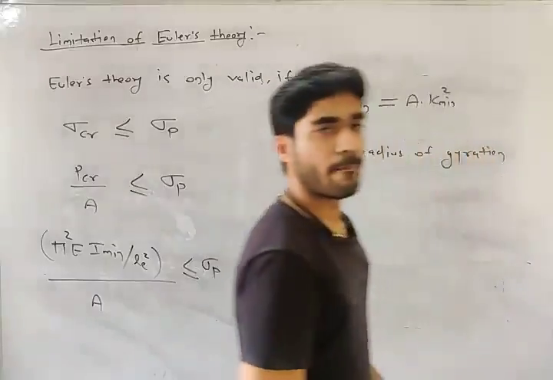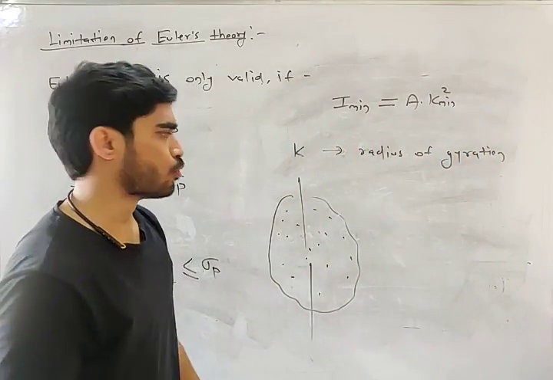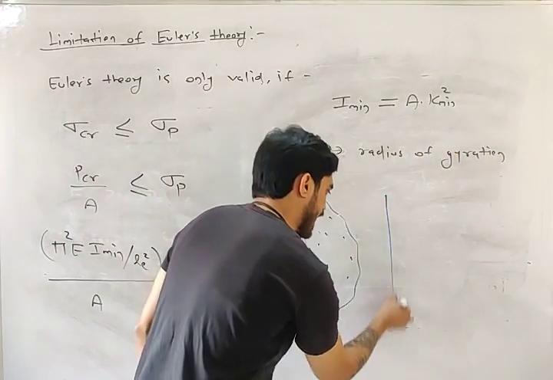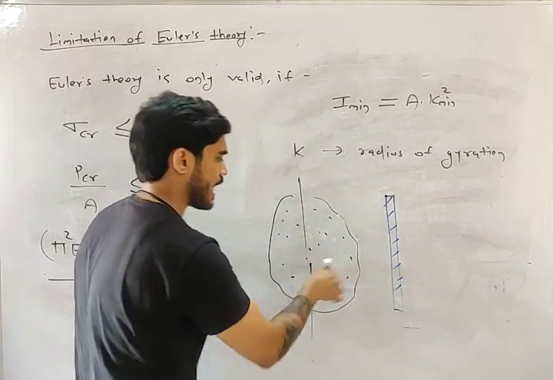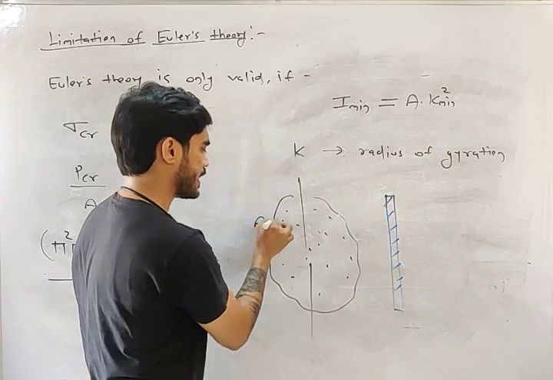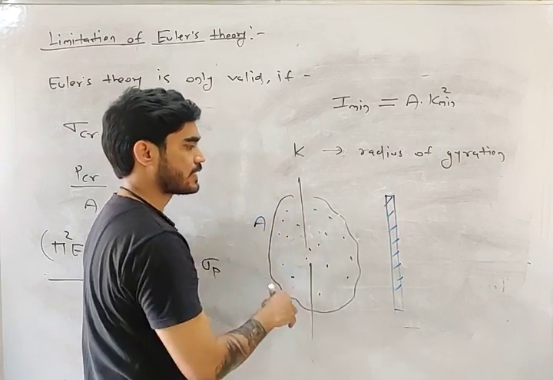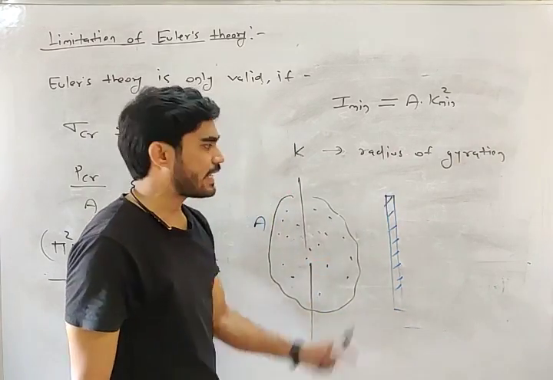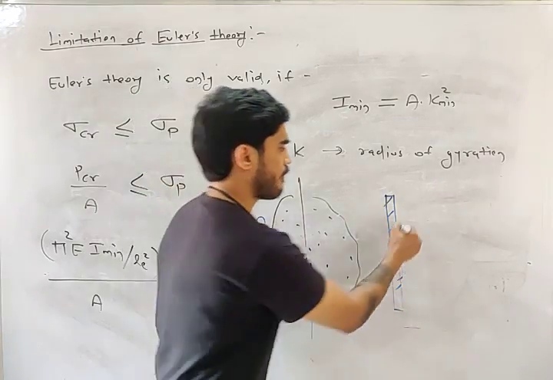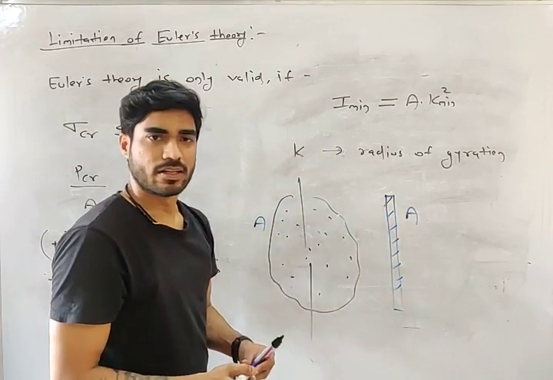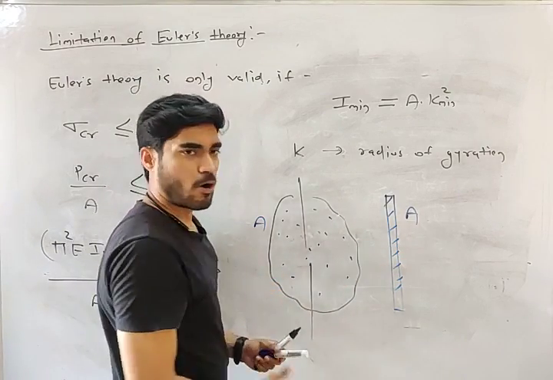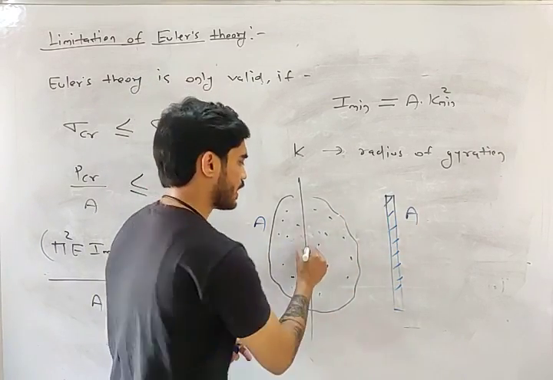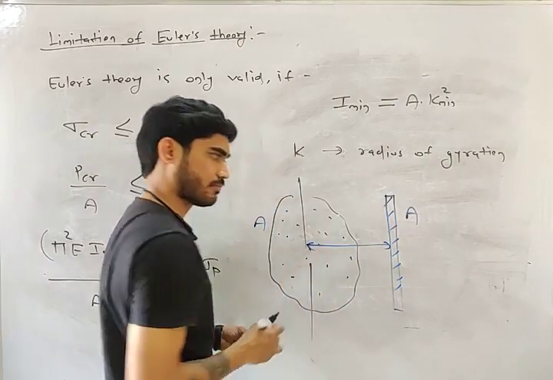But if I assume that this entire area, let's say this area is A, is like a very, very thin strip, then all the particles of this area are at the same distance.